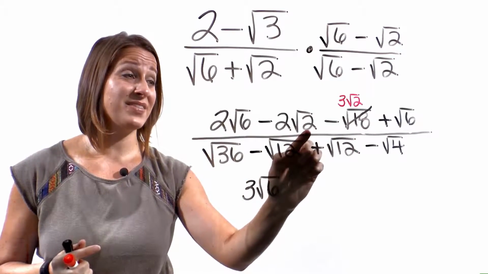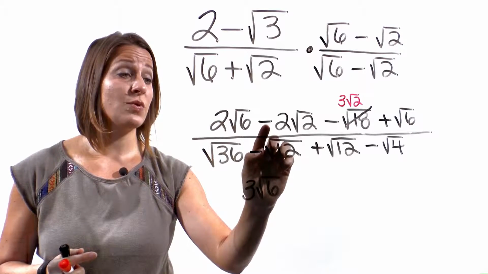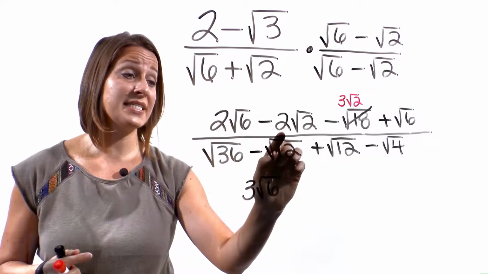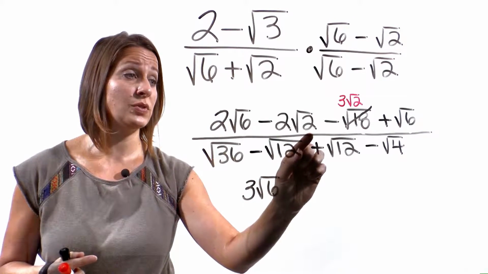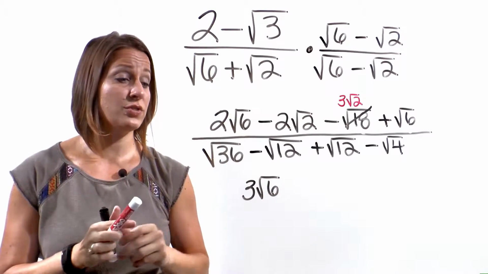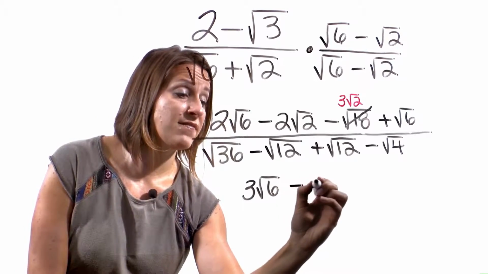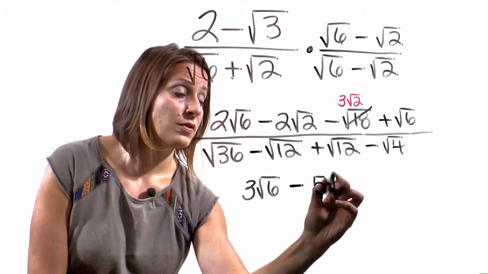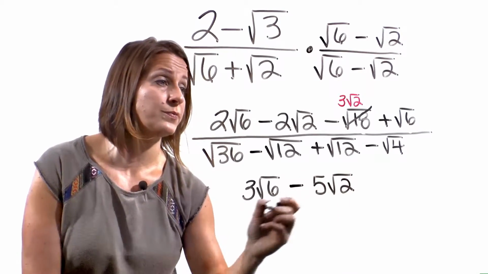So now that we have the same radical 2's, we can do negative 2 radical 2 minus 3 square roots of 2, which is a minus 5 square roots of 2.